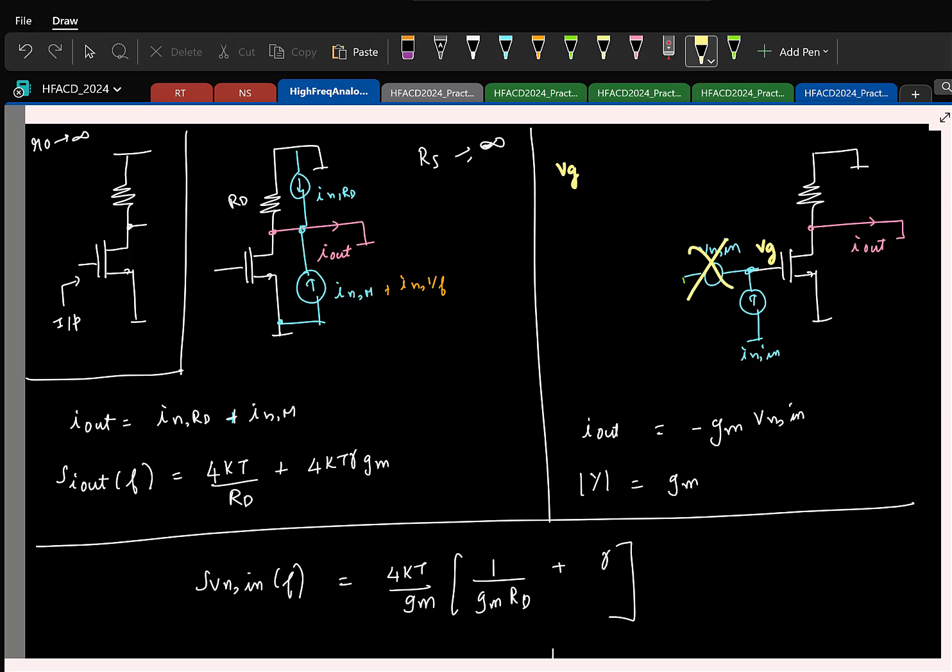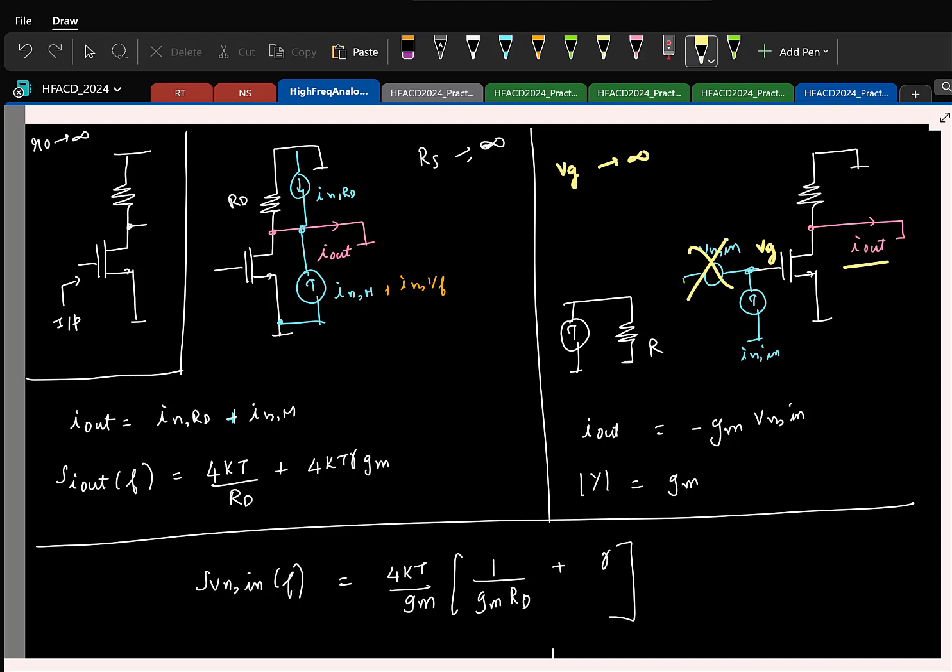It's a current source pumping current into an open circuit. What is the voltage? Think of it like this: current pumping into an R, the voltage is IR. For an open circuit, what is that R? So what will that voltage be? VG is infinity. Similarly, you find the transfer function. What can you say about the transfer function? The transfer function will also be infinity, right?